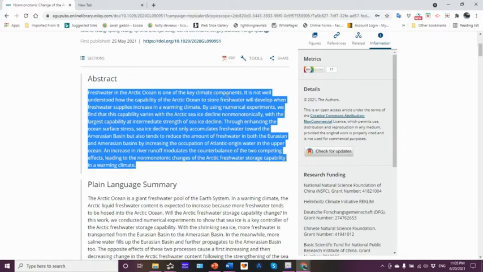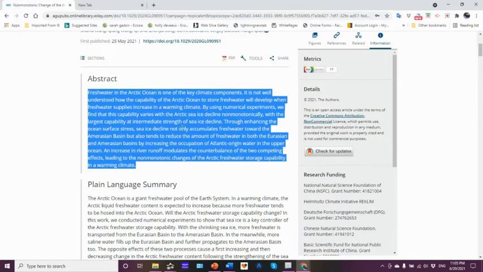It is not well understood how the capability of the Arctic Ocean to store fresh water will develop when freshwater supplies increase in a warming climate. By using numerical experiments, we find that this capability varies with the Arctic sea ice decline non-monotonically, with the largest capability at intermediate strength of sea ice decline.